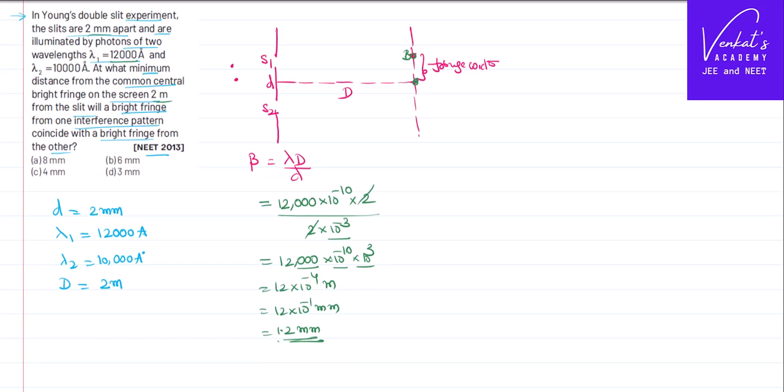Similarly, if I continue finding out for the second wavelength, beta dash equals lambda dash into D by d. Lambda dash is 10,000 angstrom, that is into 10 power minus 10. Everything else is the same, by 2 into 10 power minus 3.